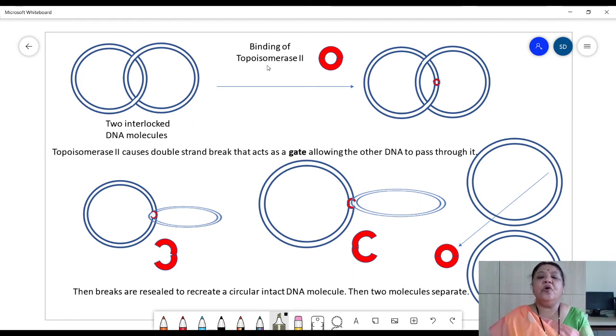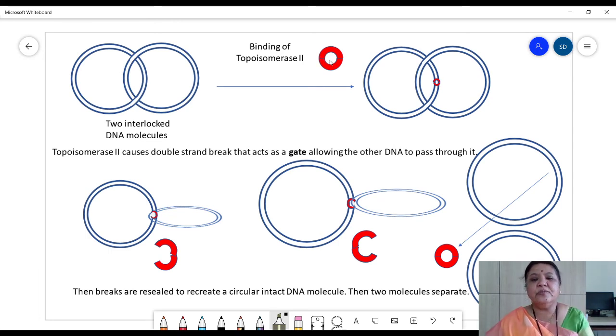Here comes the role of topoisomerase 2. This topoisomerase binds to one of the two DNA molecules. Here it has been shown that this is topoisomerase 2, which binds to this DNA molecule. So out of two, only one is bound by topoisomerase 2.